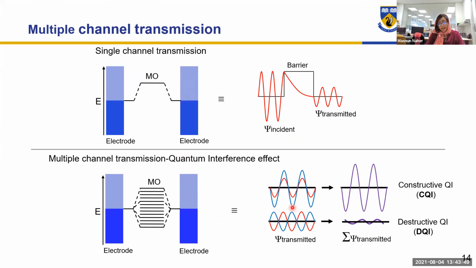As electrons travel like a wave from one electrode to the other electrode, if they follow the same pattern, at the end they can sum up, which is called constructive quantum interference. If they follow different patterns, at the end they can subtract from each other, which results in a destructive quantum interference effect.